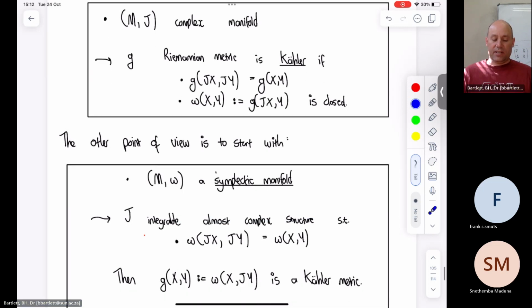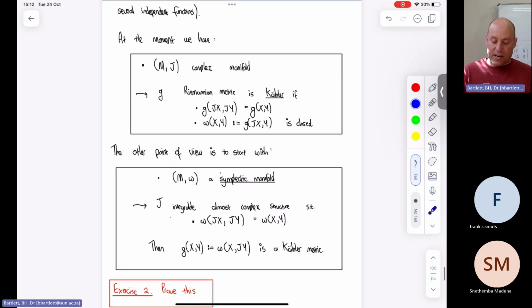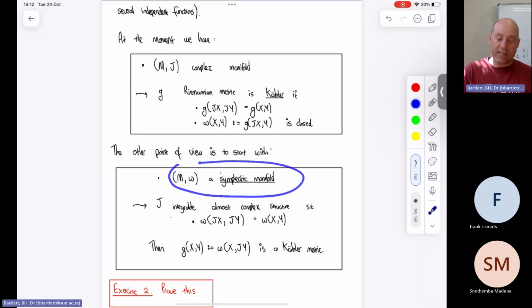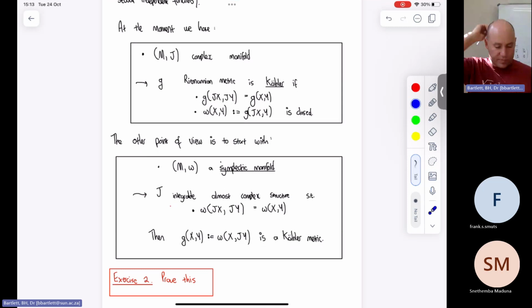So a nice exercise is to check that if you do it that way, starting with a symplectic manifold and no complex structure, and you introduce a J which is compatible with omega in this sense, then you could define a Riemannian metric like this. The claim is that that will actually be a Riemannian metric, so it's going to be an inner product on each tangent space, and it's going to be compatible with omega in this sense here. So that's what the exercise is about.